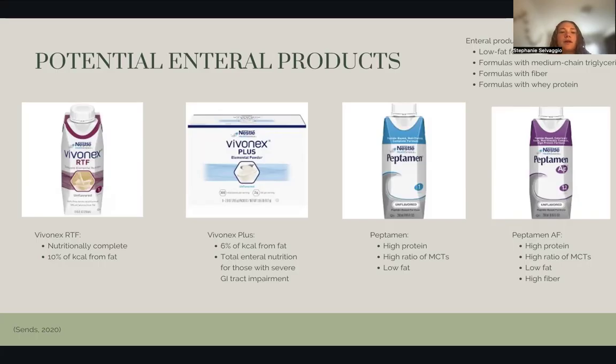Two different types that you can use I found were Vivonex and Peptamen. Vivonex kind of was on the lower side of fat, and so there's a 10% kcal from fat and 6% kcal from fat options. And both of those I think are for the more extreme cases of cholecystitis, because with those low fat, you're still giving the gallbladder a reason to contract, but you're not overloading it.